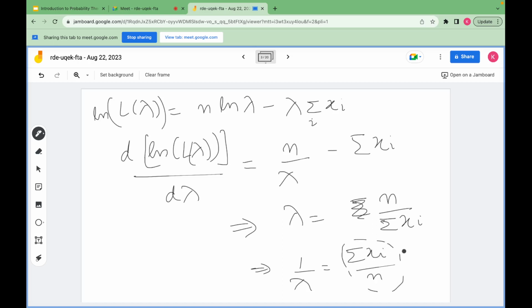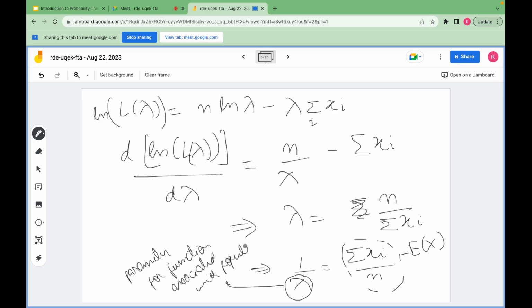This is nothing but the expectation of the sample. So this is equal to 1 by lambda, where lambda is the parameter of the function associated with the population, and this is the sample expected value.